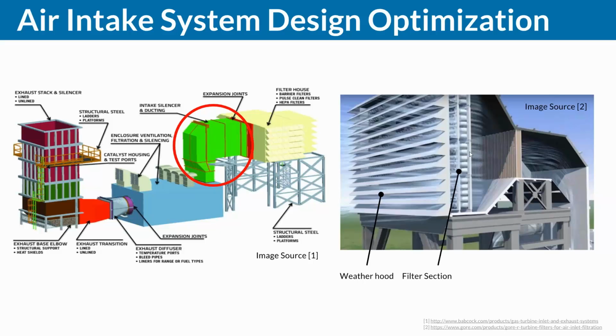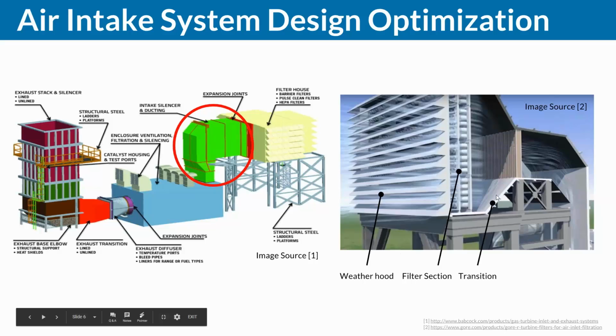Afterwards, depending on the exact application you're looking at, you could have a filter section, and different kinds of filters, for very coarse material and then for very fine particles. We're also going to touch on that later in the simulation a bit. But here we can already see the filters and how the air is moving through.